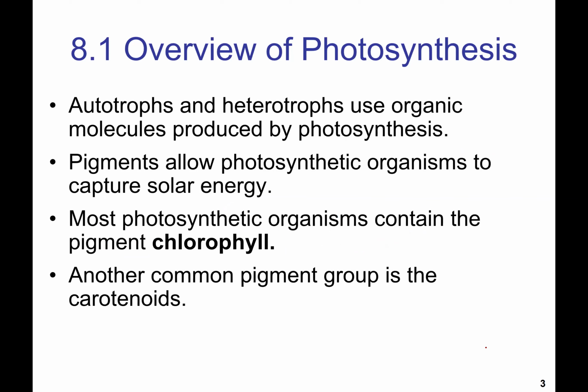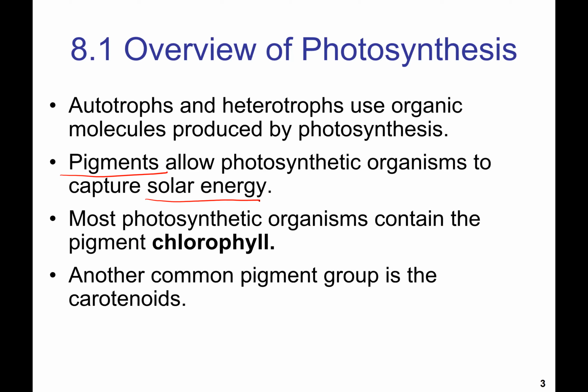Autotrophs and heterotrophs use organic molecules produced by photosynthesis. So we use glucose. In photosynthesis, we are going to need pigments, and these pigments are going to be capturing the solar energy. So sunlight is going to come, attach to these pigments, and then that energy is going to be able to get changed into a usable form.